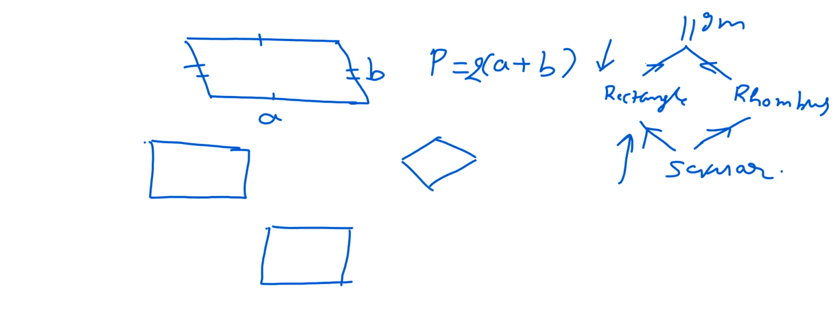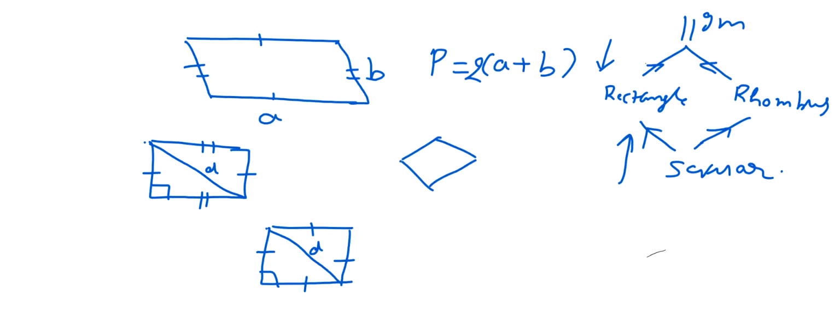Now we have learned about the rectangle and square, and we will focus on the rhombus and parallelogram. In a rectangle, both diagonals are equal, so we draw only one diagonal. In a square, each side is equal, the diagonals are equal, and the diagonals are perpendicular. In a rhombus, each side is equal.